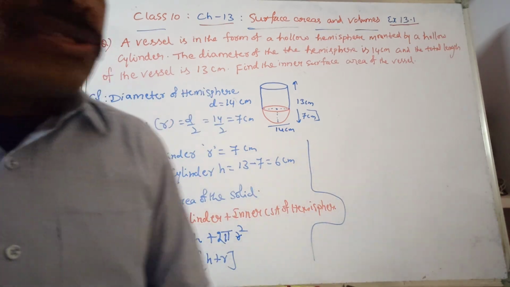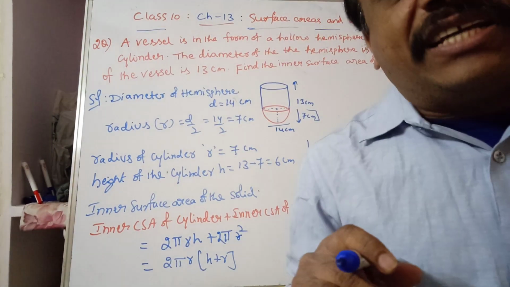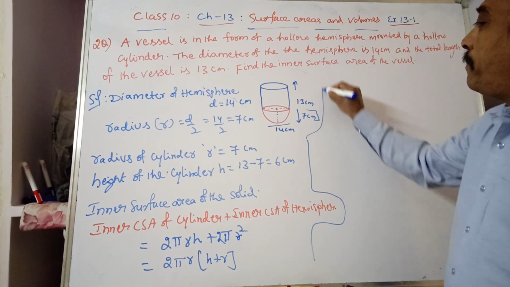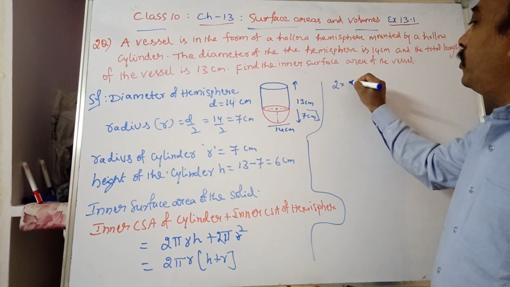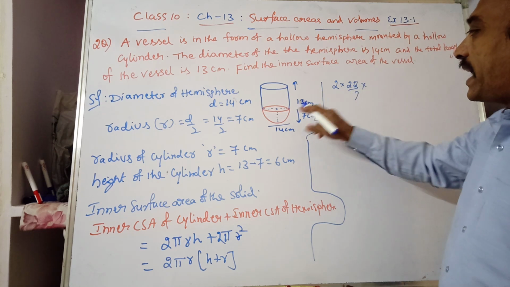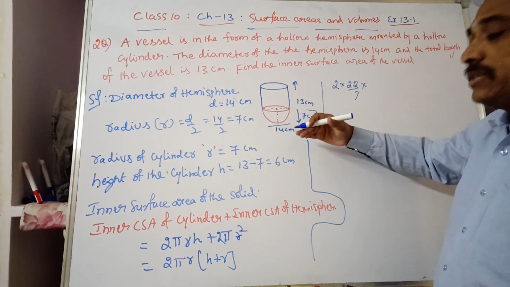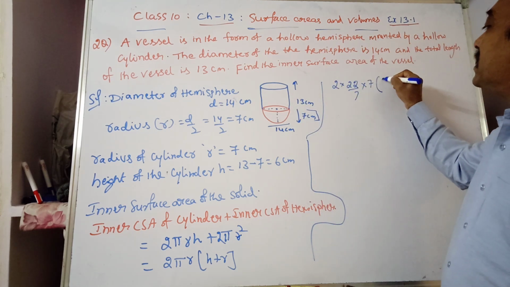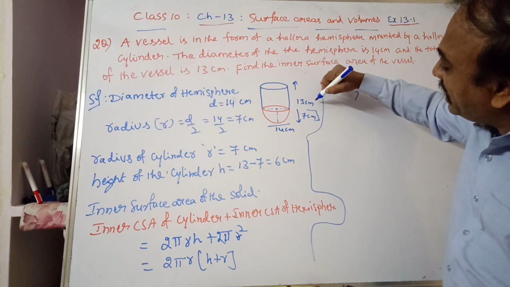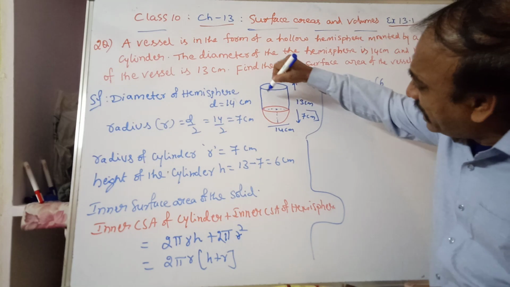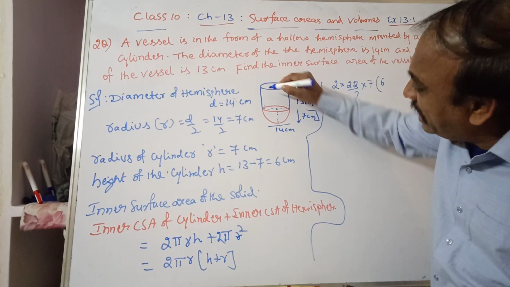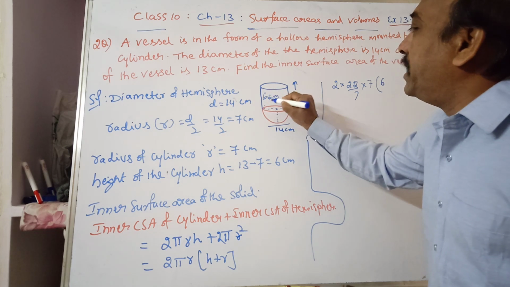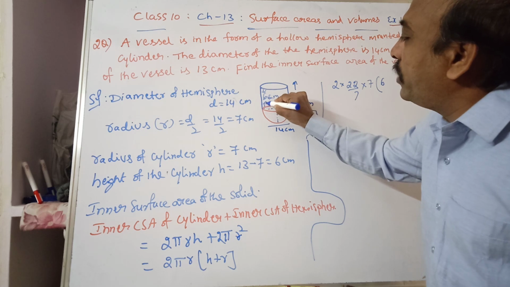In the beginning of the exercise he said to use the pi value as 22 by 7. So 2 into 22 by 7 into the radius 7, which is the same for both the cylinder and the hemisphere, into h plus r. The height of the cylinder, only the cylindrical part, is 6 centimeter.